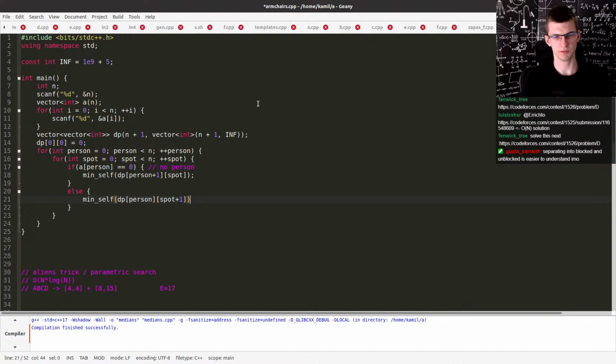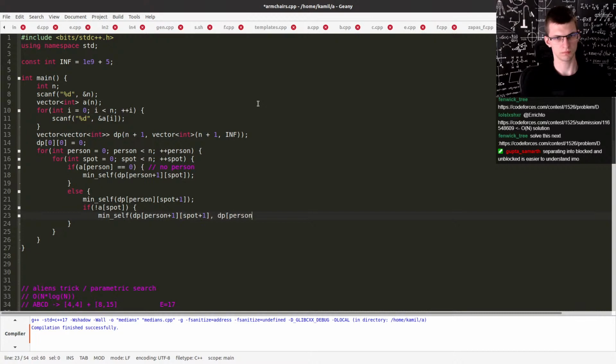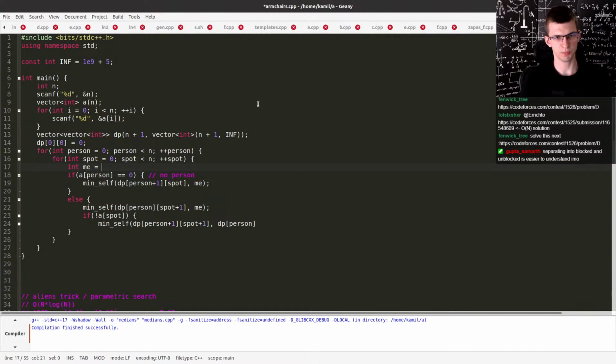And either I skip this spot, or assuming that it's available, me is a helper variable, so that's my state, and that's me plus the distance.